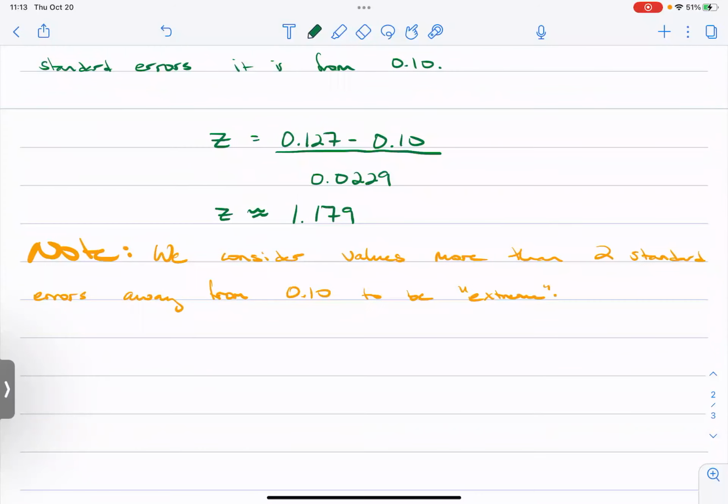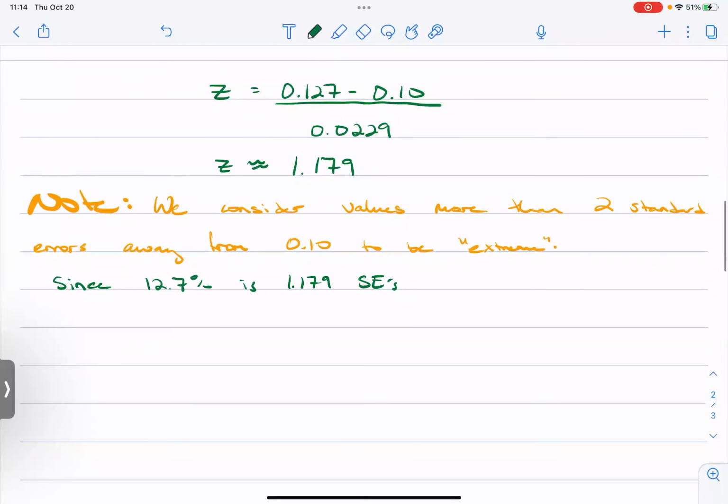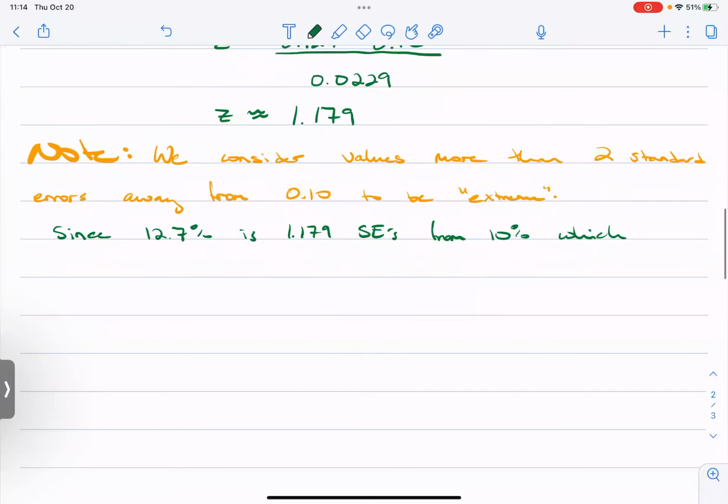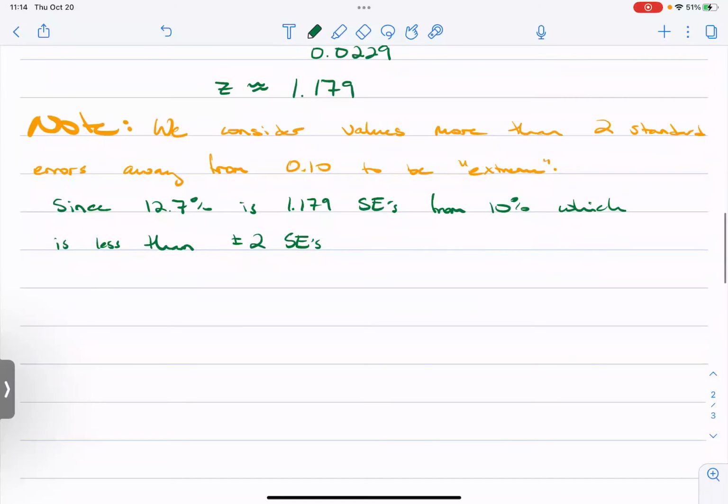So since 12.7% is 1.179 standard errors from 10%, which is less than plus minus 2 standard errors, we can go down or up 2 standard errors and it would look the same. So it is not considered extreme.